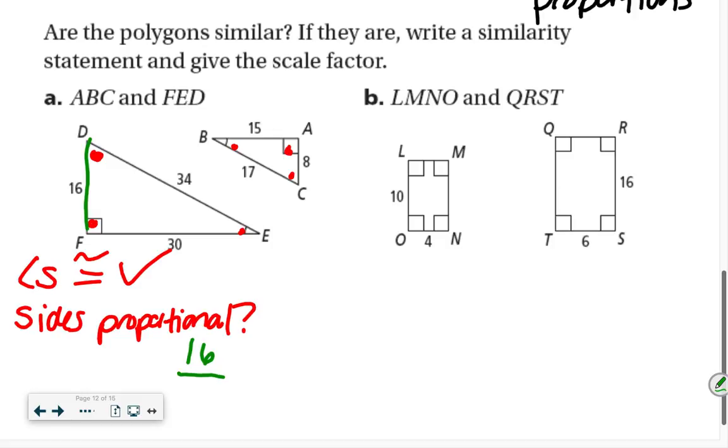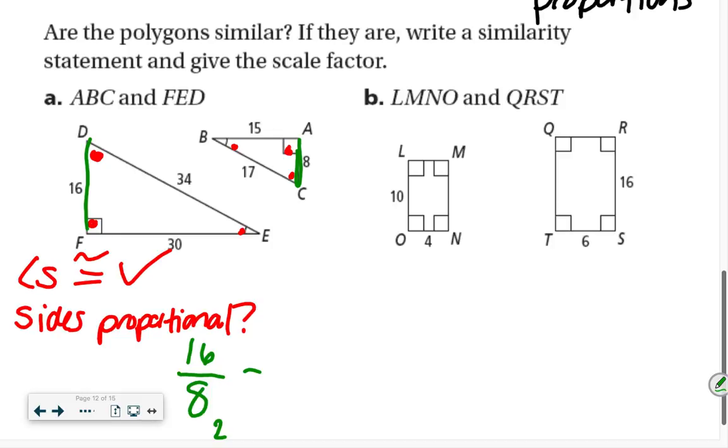AC, which is 8. So that gets one fraction. Okay? Match your sides, put them in one fraction. Well, if I reduce 16 over 8, what do I get? Two. So I need to make sure that these other sides are in the proportion of 2.